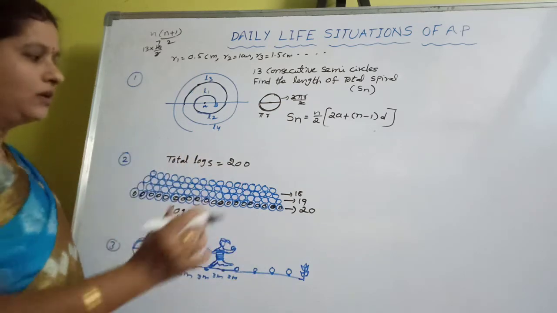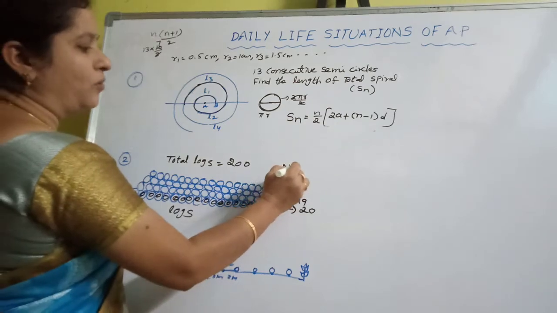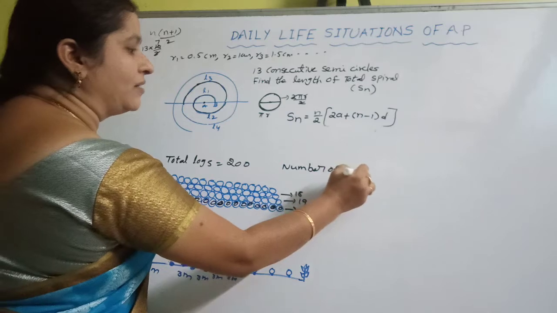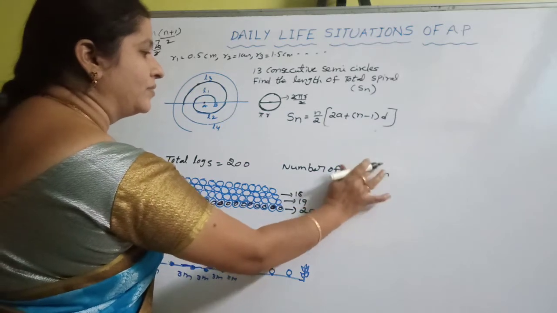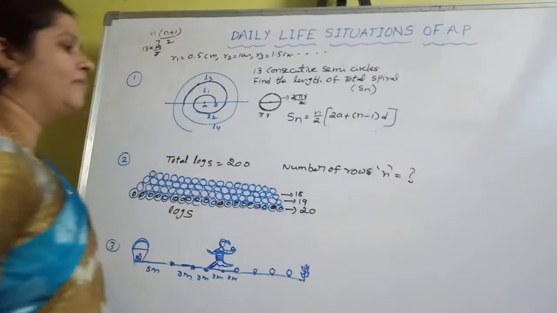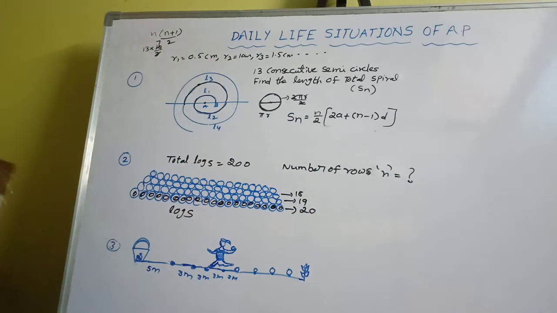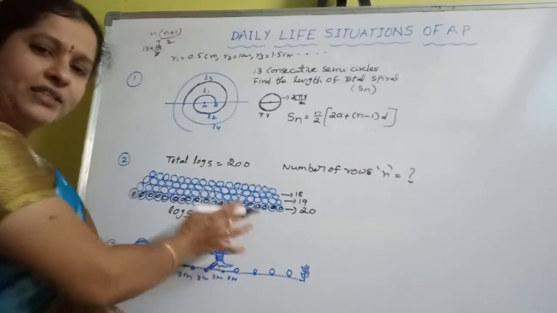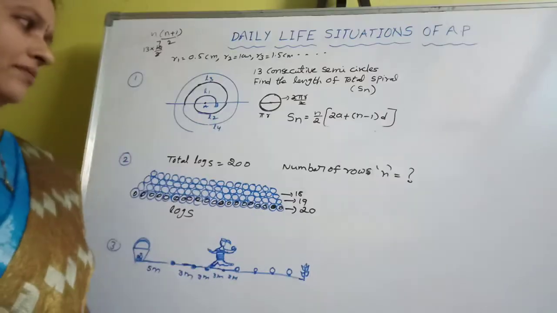You have to find the number of rows. Let the number of rows be n.